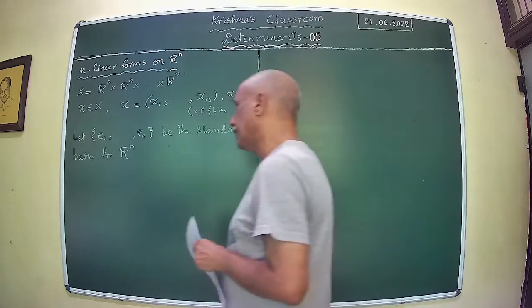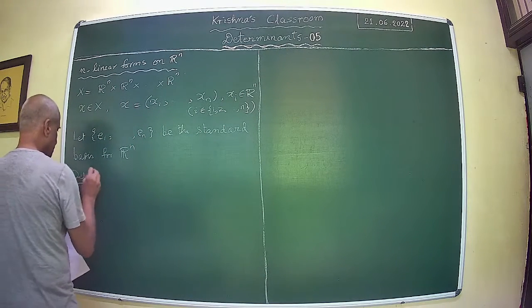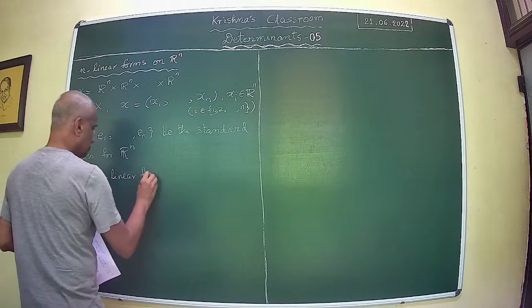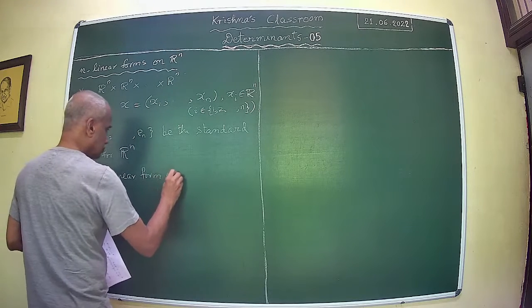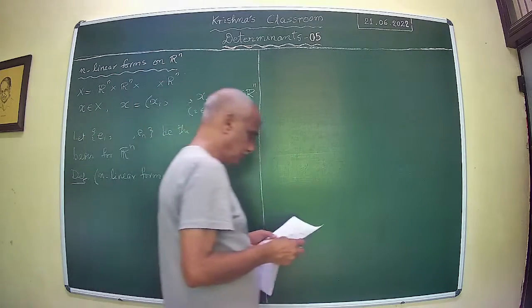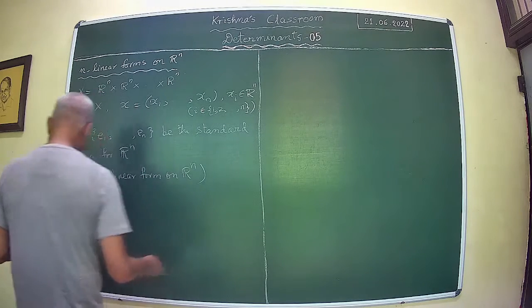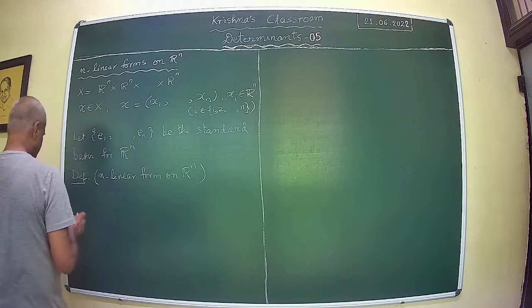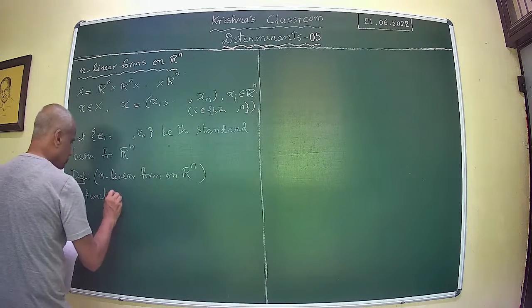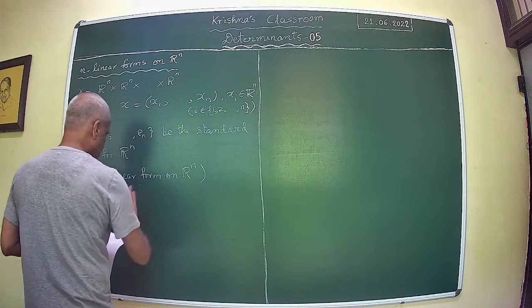So we define what an n-linear form is. We shall denote this by Ln, so that we will write a function f.